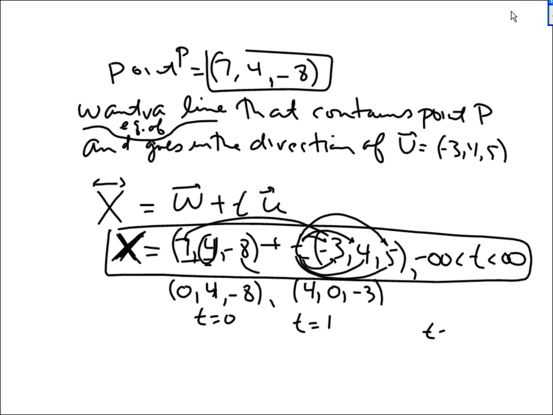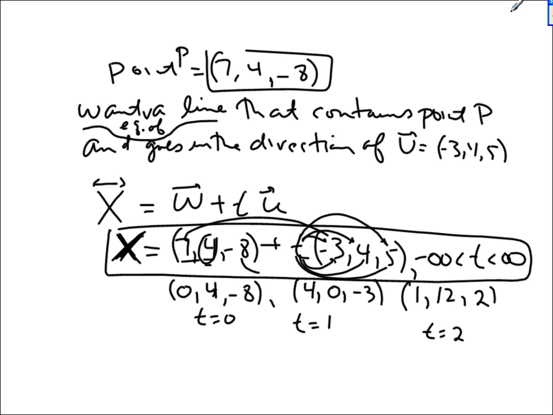If you let t equal 2, or t equals 1.8312, you'll get another point.